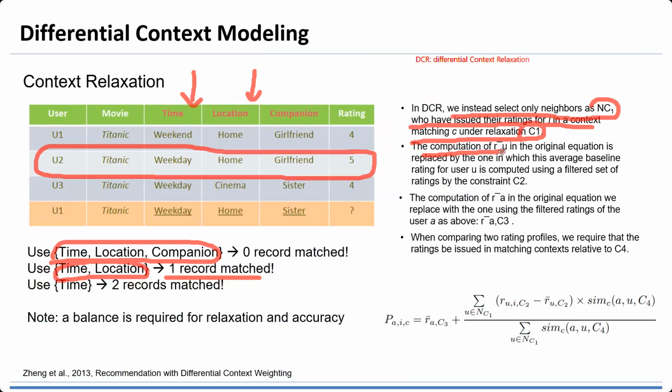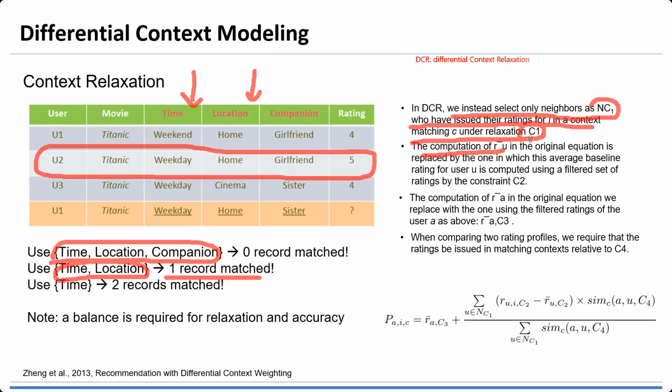So the computation of R bar U in the original equation is replaced by the one in which this average baseline rating for user U is computed using a filtered set of ratings by the constraint C2.